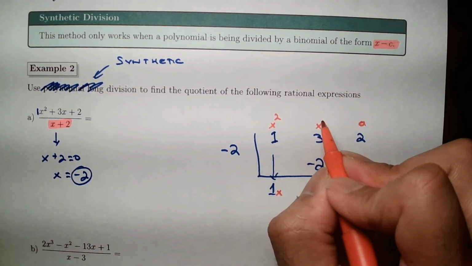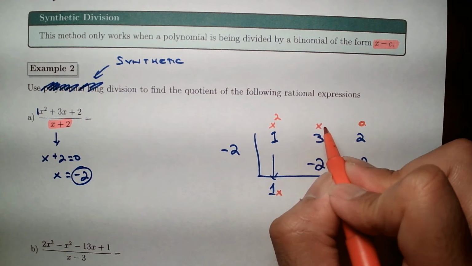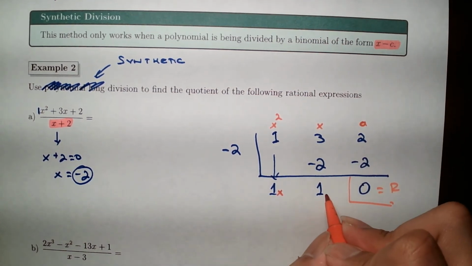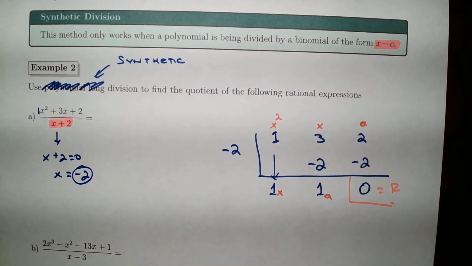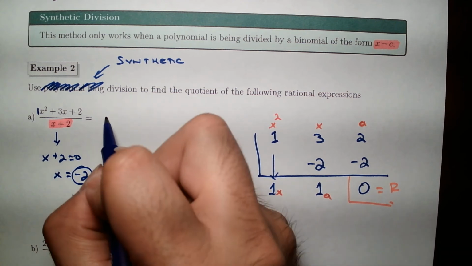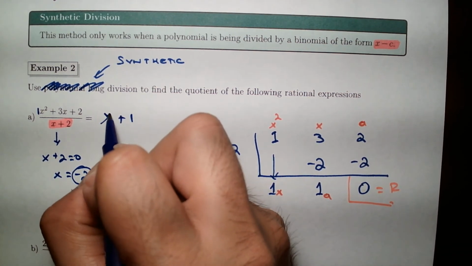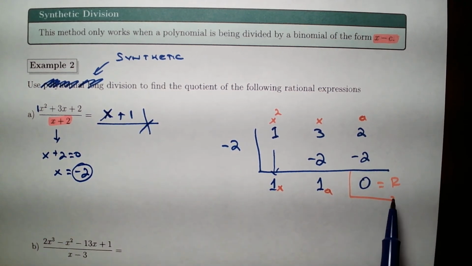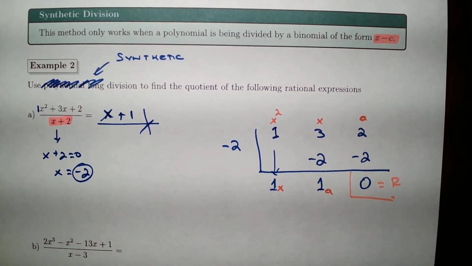And if this used to be the coefficient of x, 1 degree less is degree 0, basically the constant term. So in this case, our final answer will be 1x plus 1, which is simply x plus 1. All right. And in this case, notice no remainder. Remainder 0, so we're good.